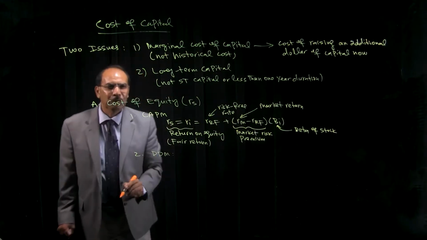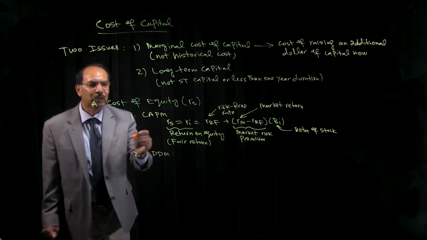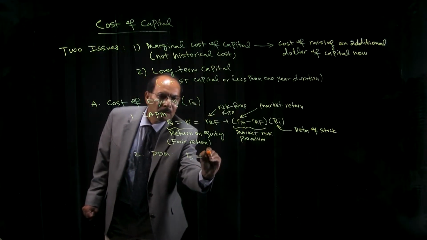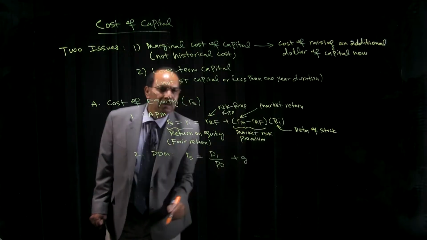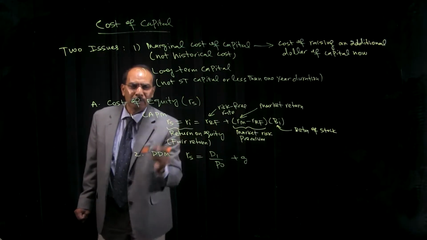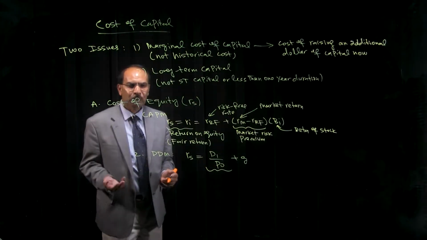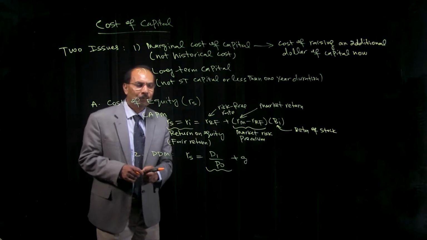A second model we can use to find the cost of equity really comes from the dividend discount model. Again, it's the concept of fair return. So you may think, if you invest money in a stock, what are really the two ways you're going to be making money from that investment?